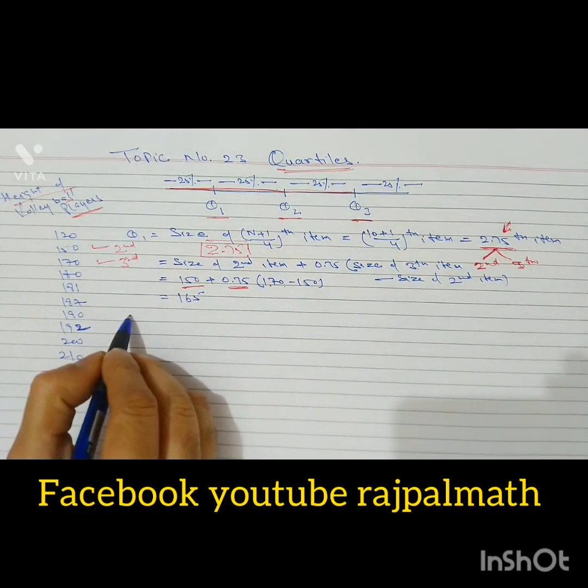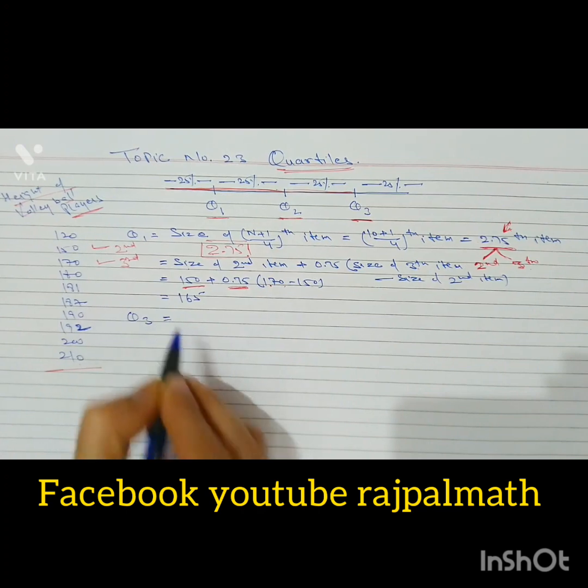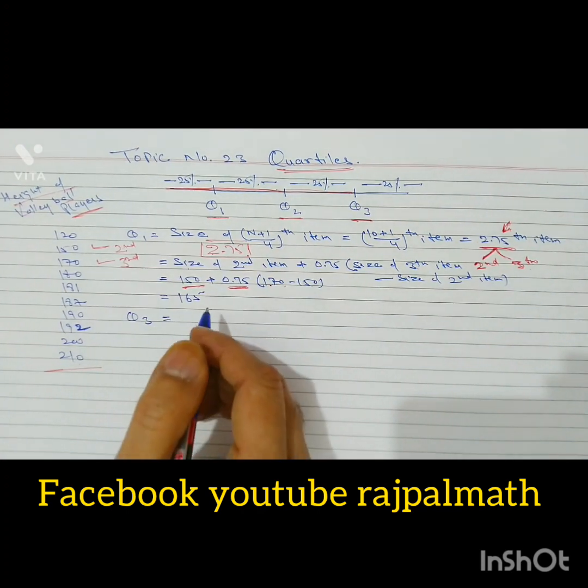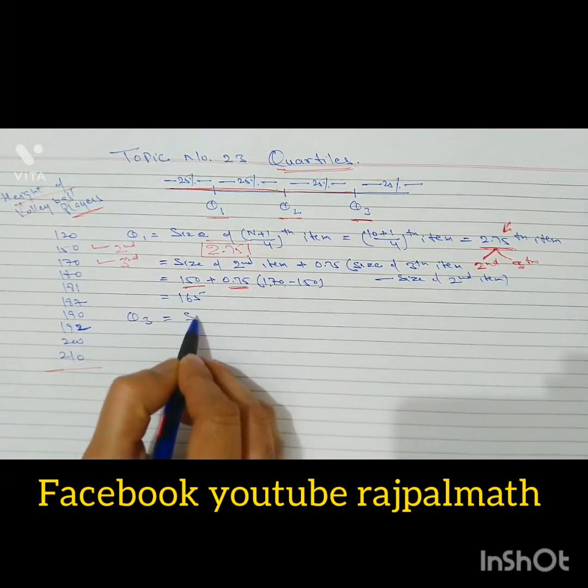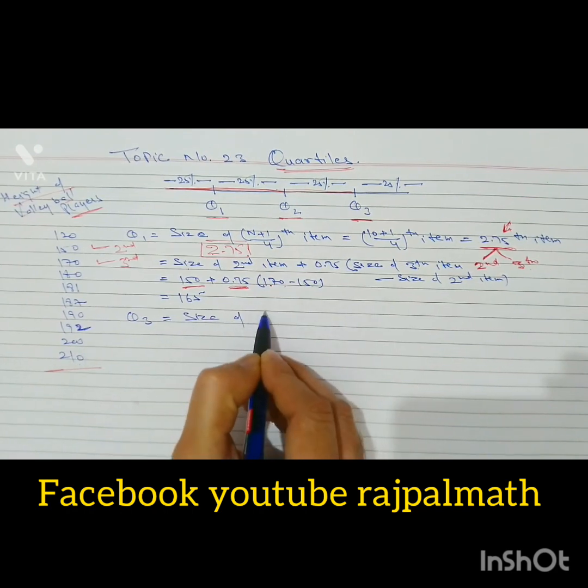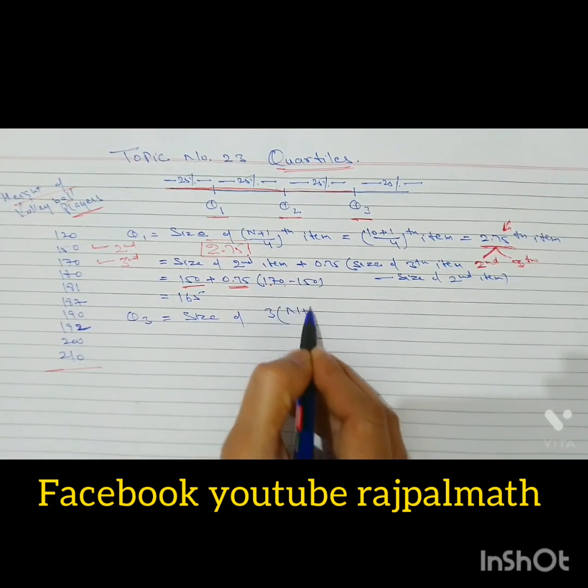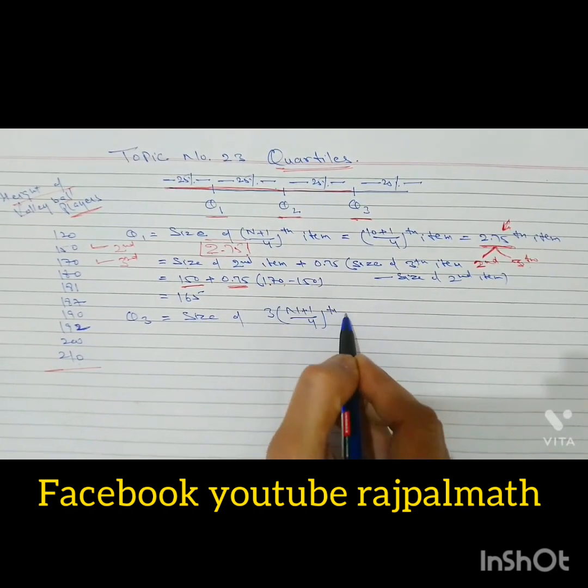Same way, calculate Q3. Q3 is size of 3 into (n plus 1) by 4th item.